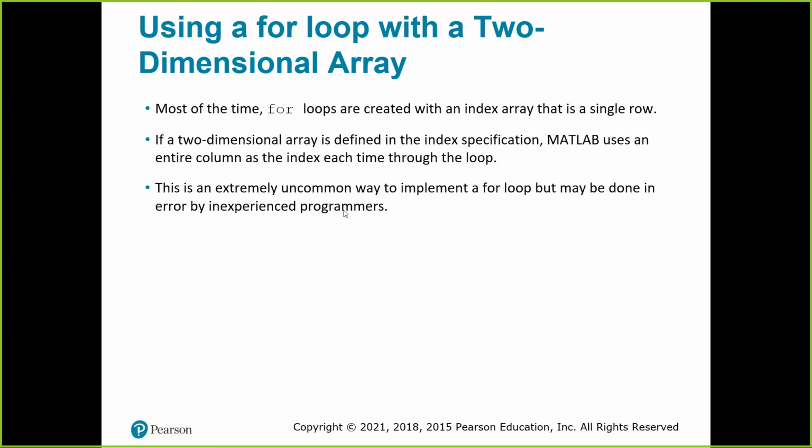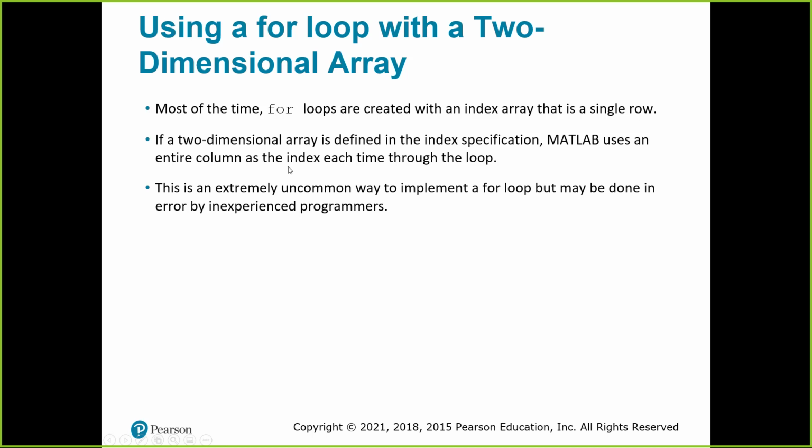Okay, so using a for loop with a two-dimensional array. So most of the times when you're using a for loop, it's done with a single either column or row vector. I guess it really doesn't matter. It's just easier to do a column vector.